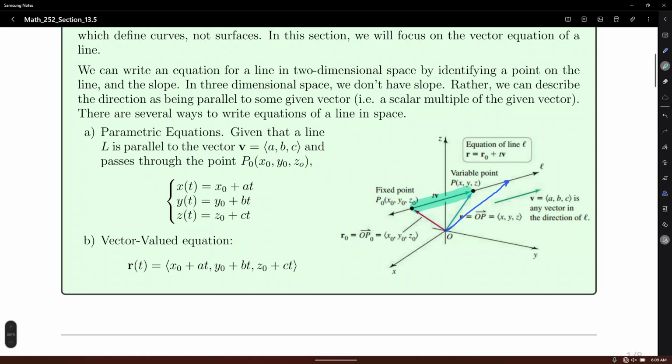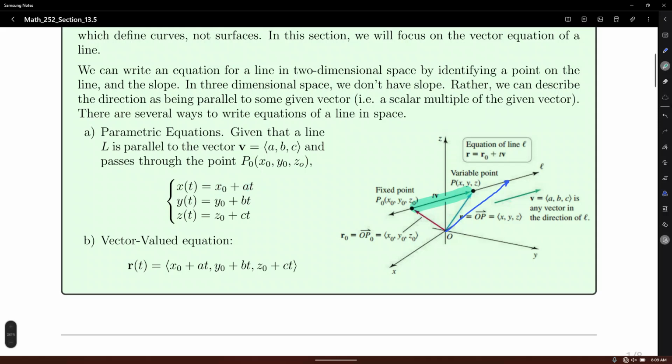All right. I think this looks familiar. I mean, x0 plus at. Doesn't that look like y equals mx plus b essentially, where m is multiplying the variable t, and the constant term is the intercept? Well, is the y-intercept? Well, in this case, it's not the y-intercept, the x-intercept, or the z-intercept.